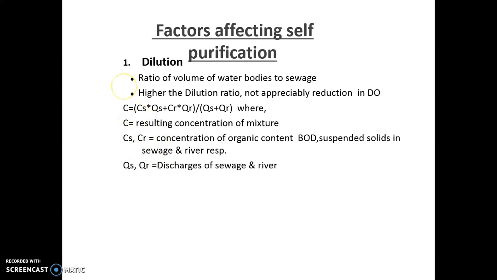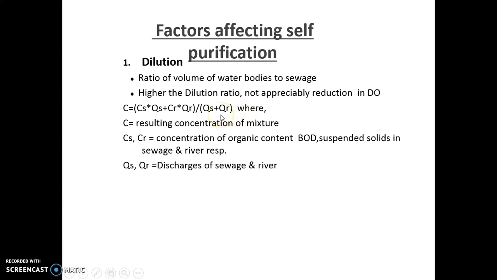Number one is dilution. The dilution ratio is the ratio of the volume of water body to sewage, and at higher dilution ratios there is no appreciable reduction in DO. The formula for this is C equal to CS into QS plus CR into QR, divided by QS plus QR.